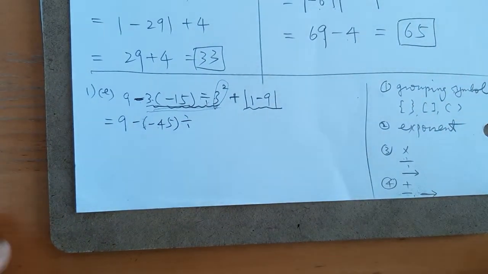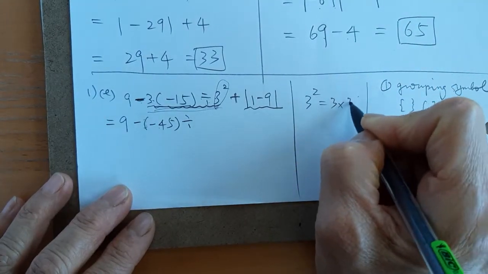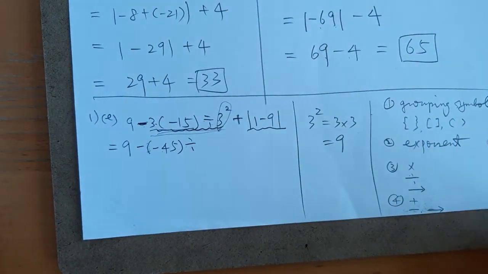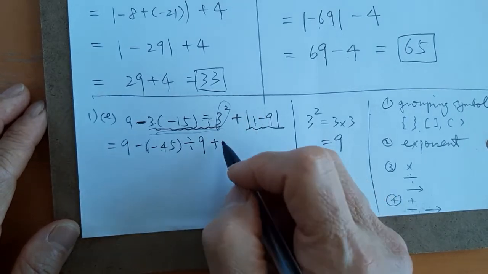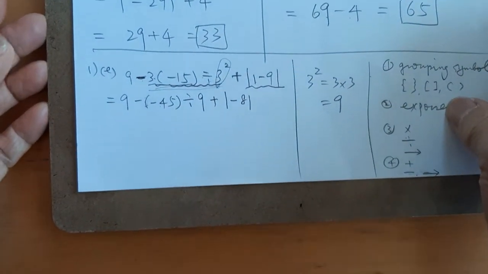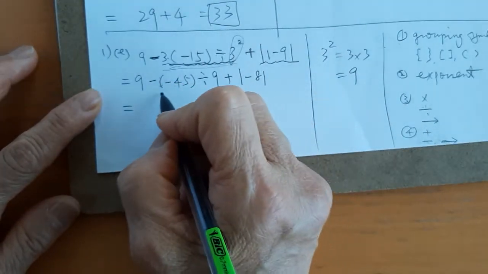3 squared is 3 times 3, equal 9. It's not 3 times 2. It's 3 times 3 equal 9. And 1 minus 9 is what? Negative 8. Take absolute value. Then you do division.